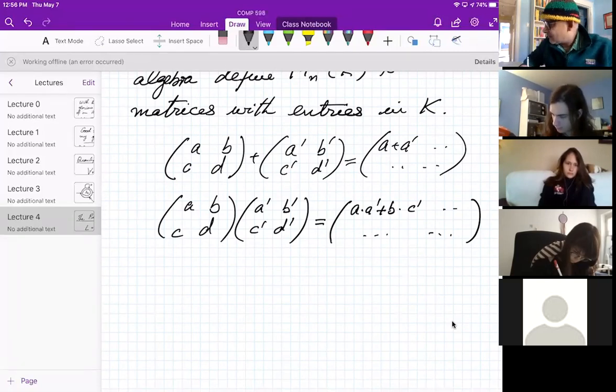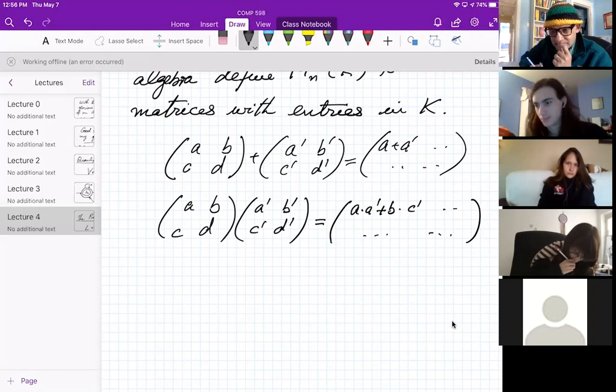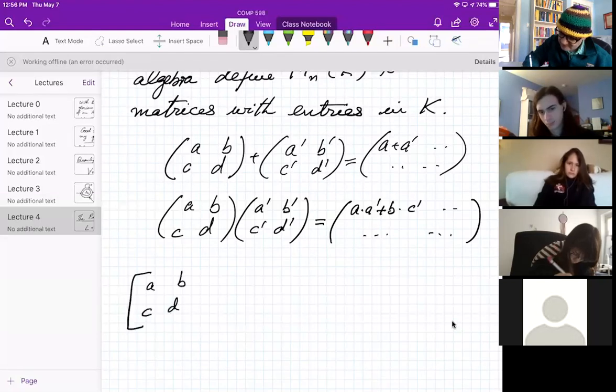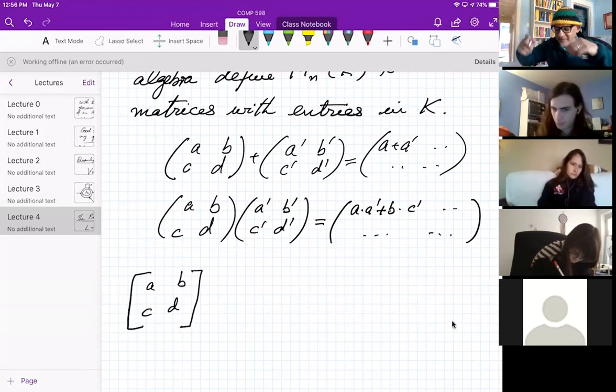But what is star? So star is like this. I'm sorry, sometimes I've written these with big parentheses and now I'm writing them with square brackets.